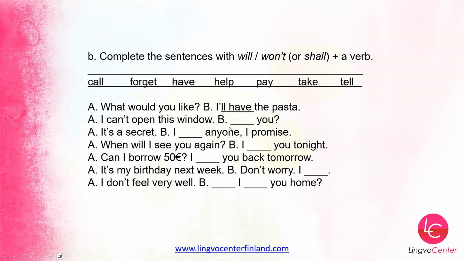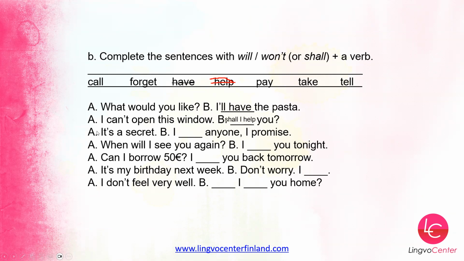Well, Brendan's going to say, shall I help you? So now we are going to cross out help. Very good. Shall I help you? That's what Brendan says to Alex.